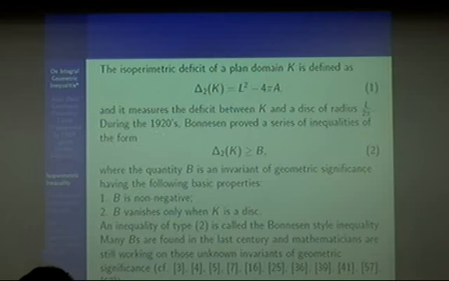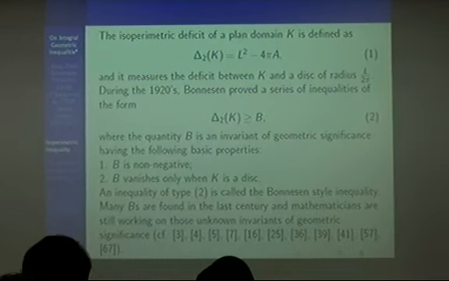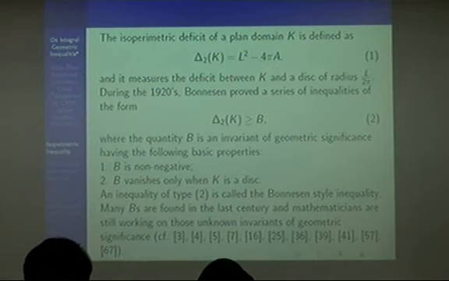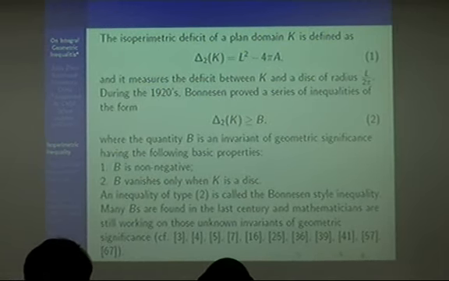During the 1920s, Bonnesen proved a series of inequalities of the form: because this is positive, there may be a quantity B. This quantity is an invariant of geometric significance, with the following basic properties.